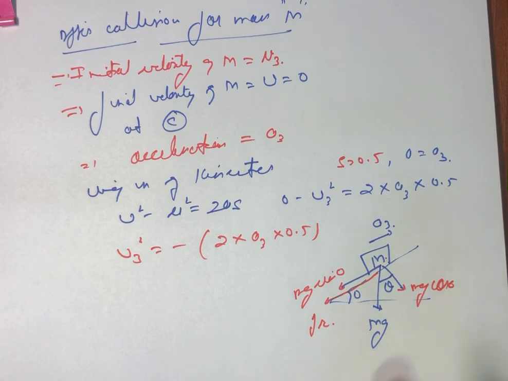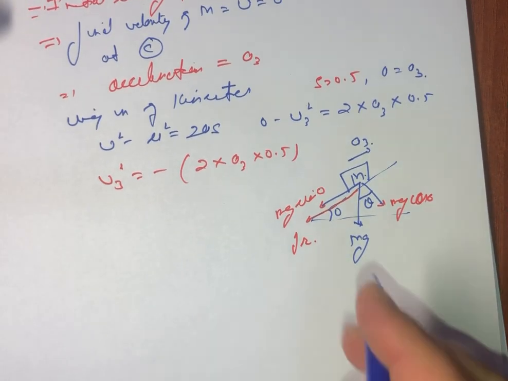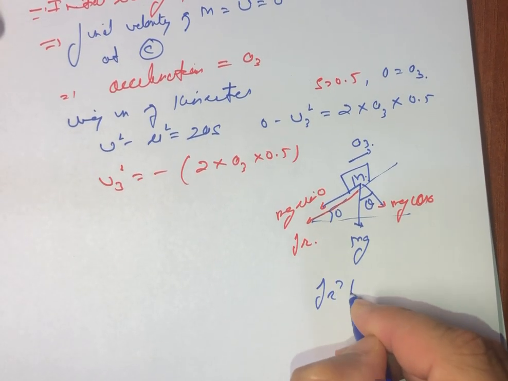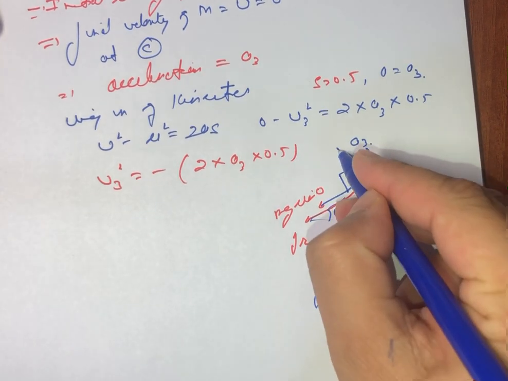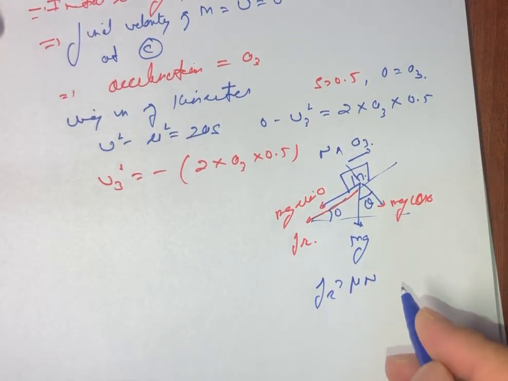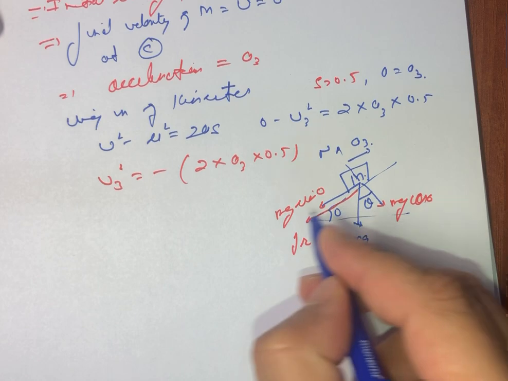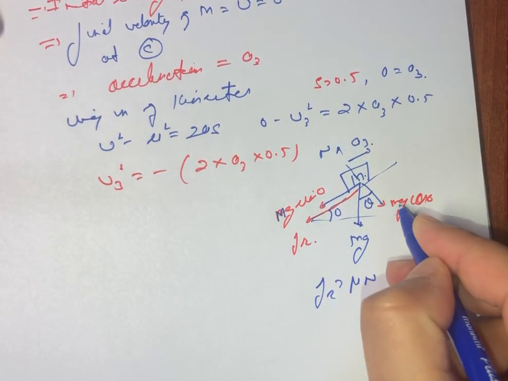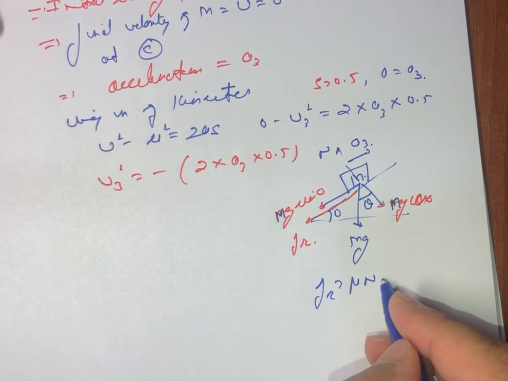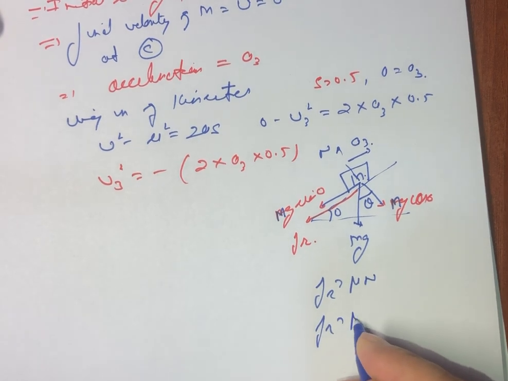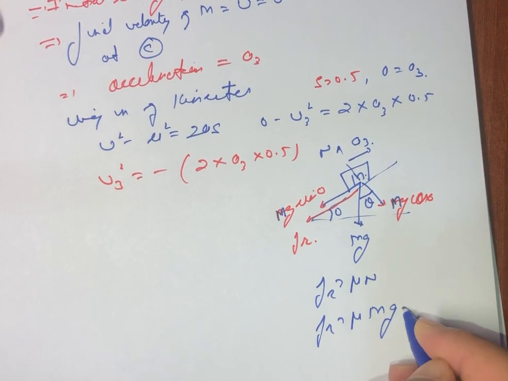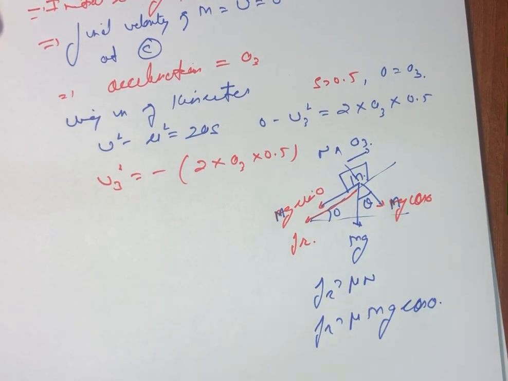And here we can find out our Fr. Fr will be equal to mu into normal, and N is equal to, sorry, this is capital M. So Fr will be equal to mu capital M g cos of theta.